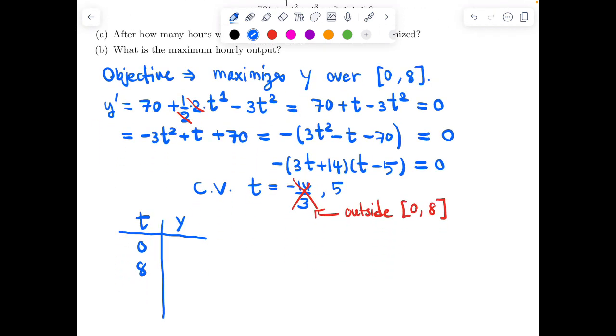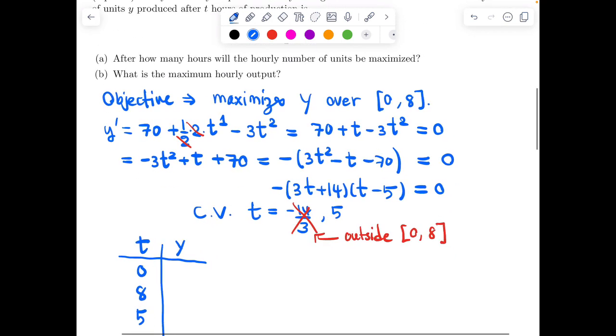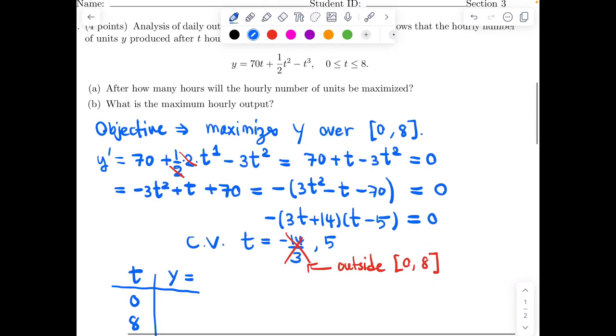And then critical value 5, that's the only one that is contained in the interval. Now we're gonna plug into the y. So remember the expression of y is 70t plus 1 half t squared minus t to the power of 3.